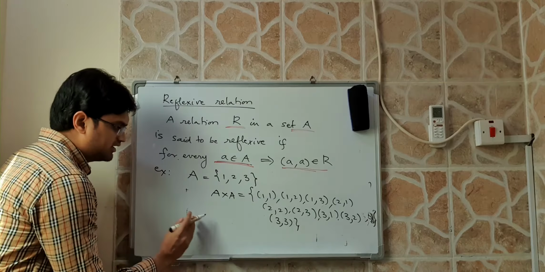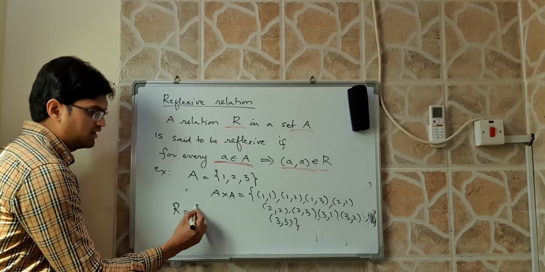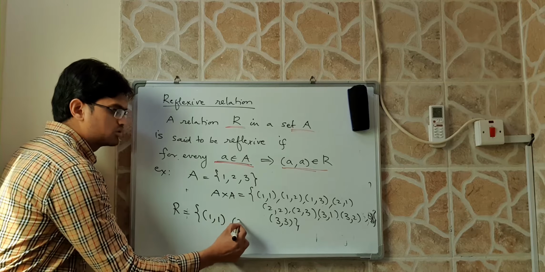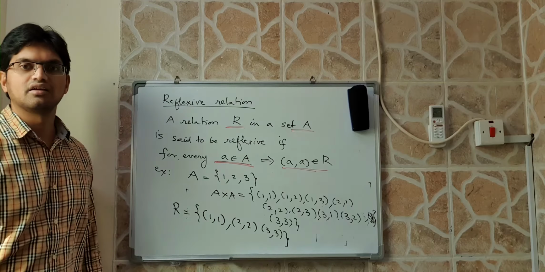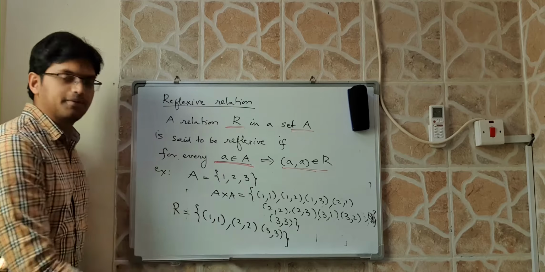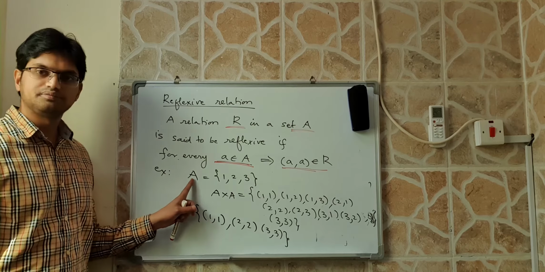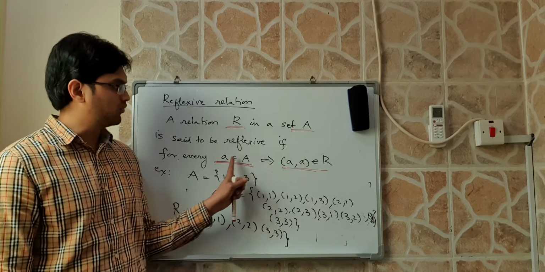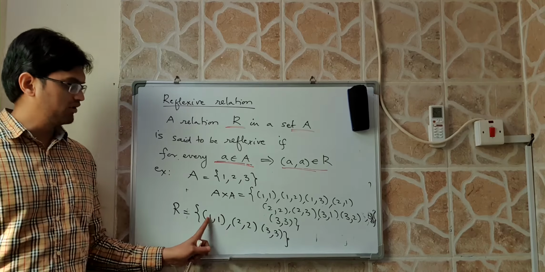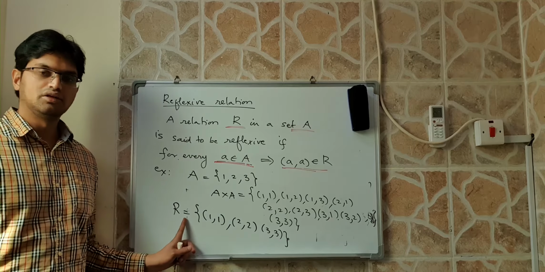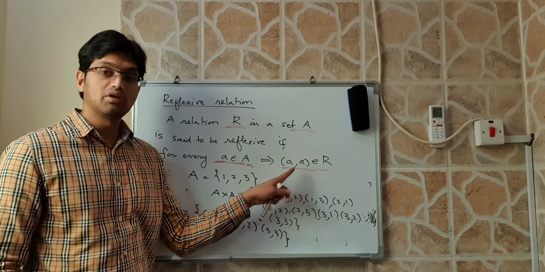So now let us say I have taken R, my first subset, as {(1,1), (2,2), (3,3)}. So what is this? 1 is an element of A, and I should have (1,1) in R. So I have (1,1) in R. 2 is an element of A, so I must have (2,2) in my relation.